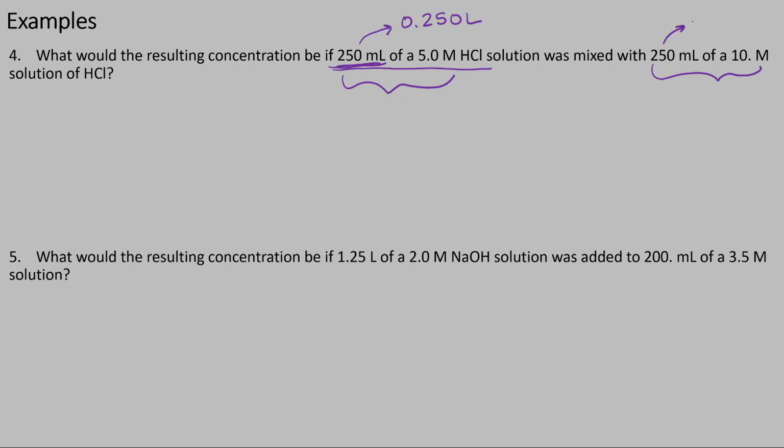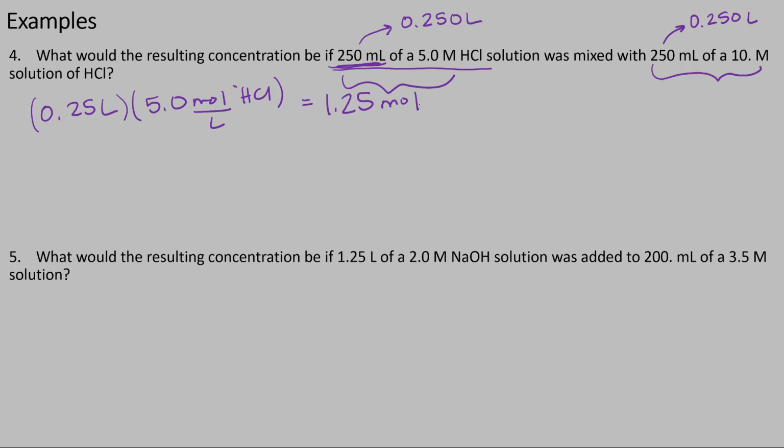And this would also be 0.250 liters. So I'm going to take 0.25 liters times 5 moles per liter of HCl. So that would be 1.25 moles. So that's the first one.